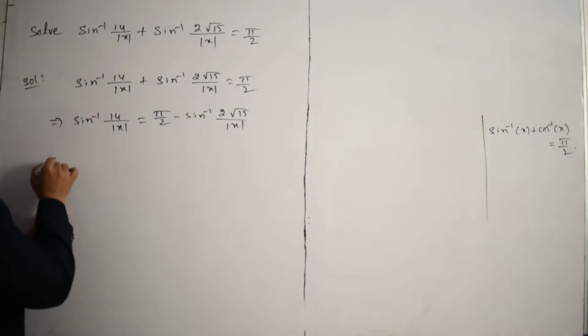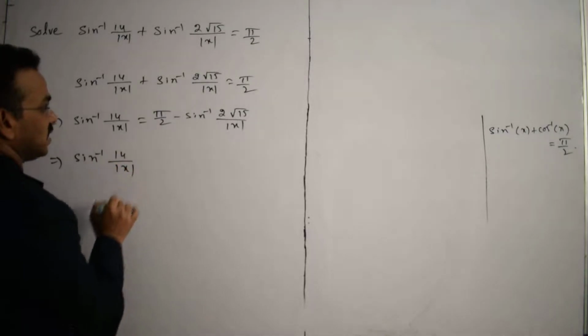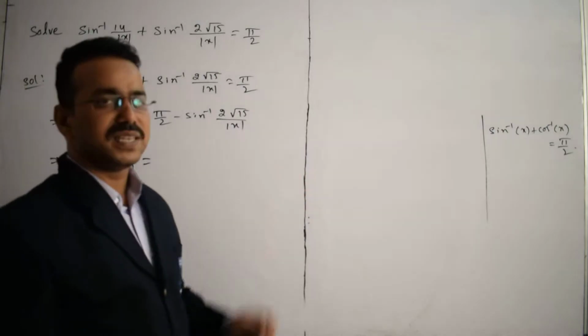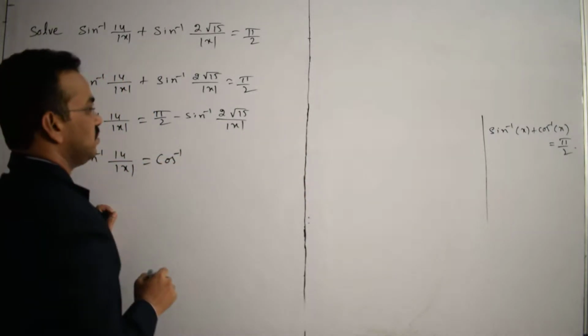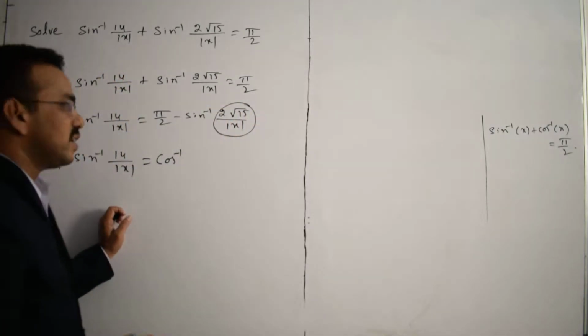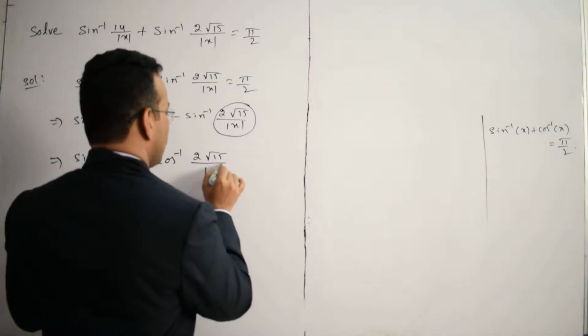So now in the next step, sine inverse of 14 by mod x equals pi by 2 minus sine inverse of x, means cos inverse of x. So it can be written as cos inverse of, what is x here? 2 root 15 by mod x. Cos inverse of 2 root 15 by mod x.